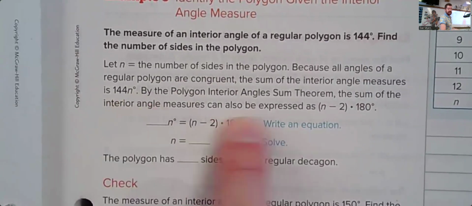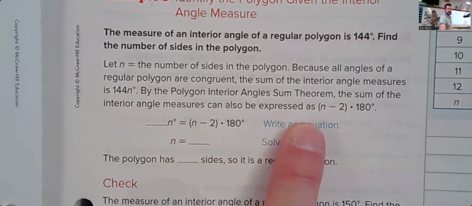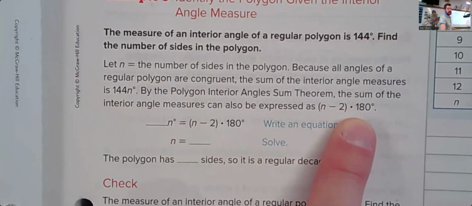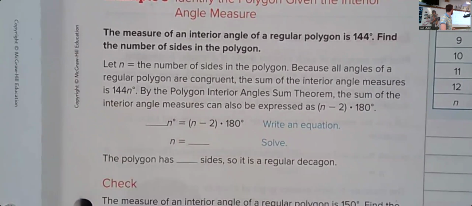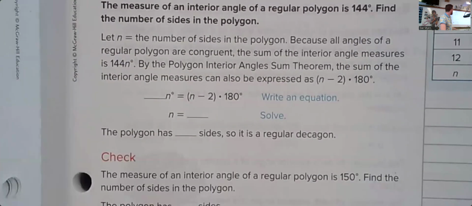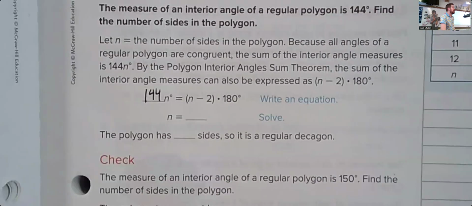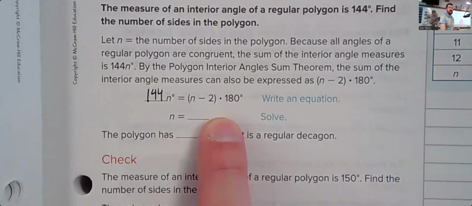The polygon angle sum theorem of the interior angle measures can also be expressed as n minus 2 times 180. So what we can do here is write an equation that the total amount of degrees is equal to 144 times the number of sides. So we're going to write 144 right there. Are there any questions as to why we wrote this?